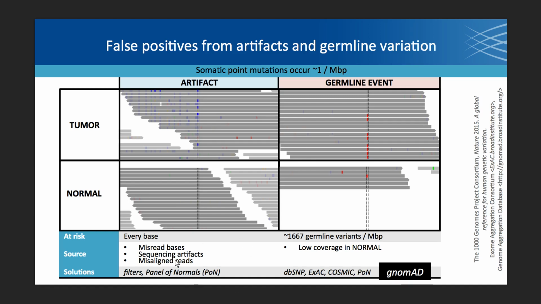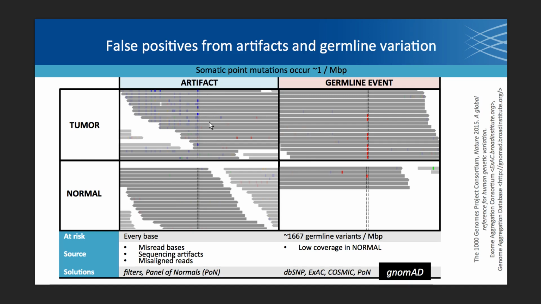So let's focus on the left-hand side. Here we have a tumor and a matched normal, and we have these blue mismatches that appear like a somatic mutation because we don't see it in the normal. However, it turns out that this is an artifact of sequencing, because if you look closely, each of the reads that support this variant are in a single direction.